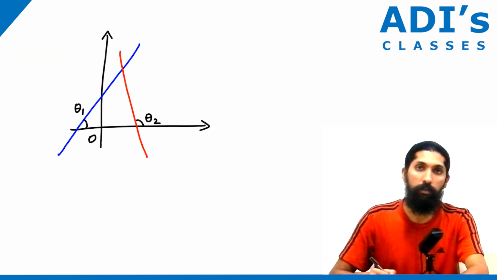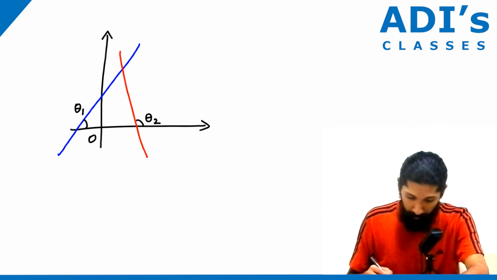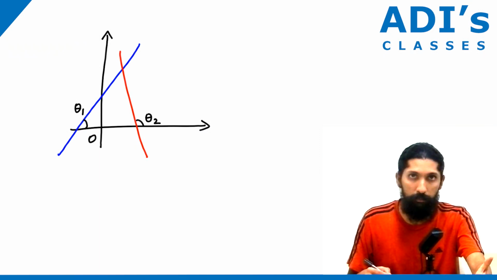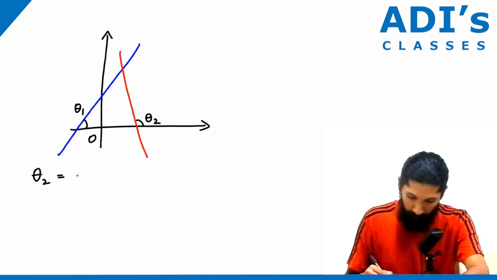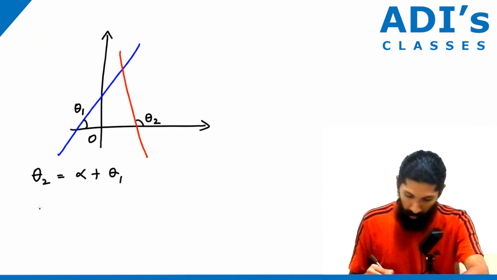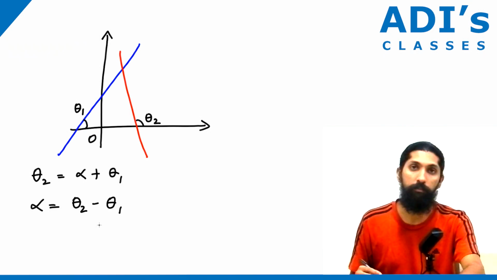Now here we are trying to find alpha, isn't it? Now what do we do? Again, guys, we'll go with the same logic. That is theta 2 is equal to alpha plus theta 1. So alpha is equal to theta 2 minus theta 1.